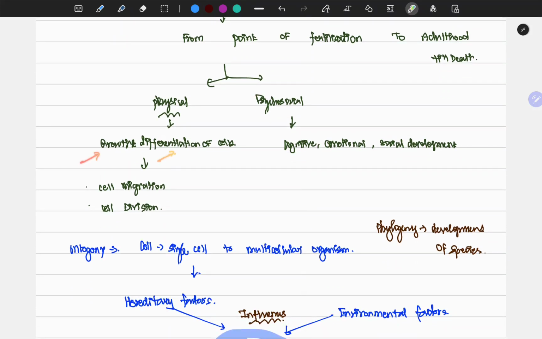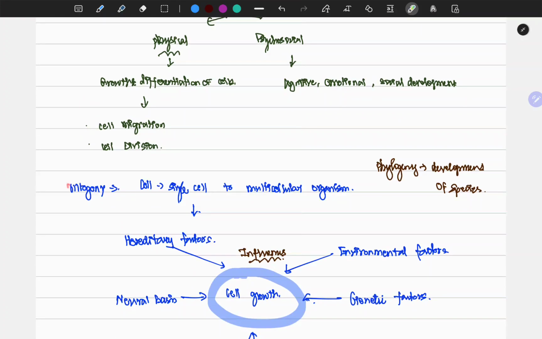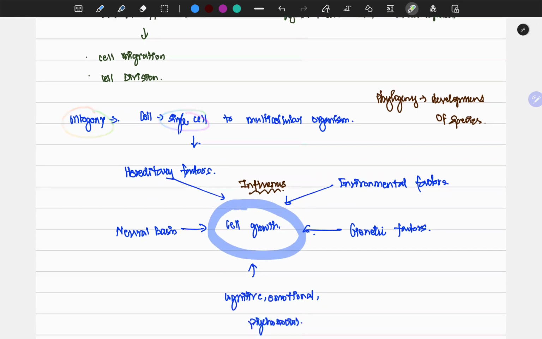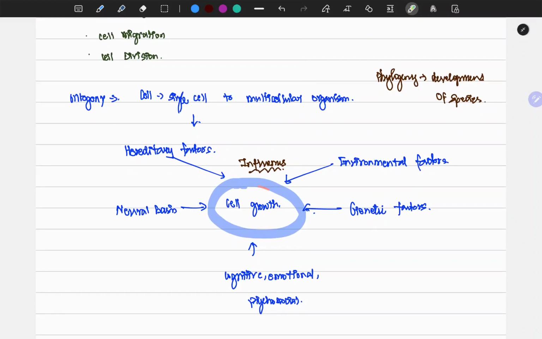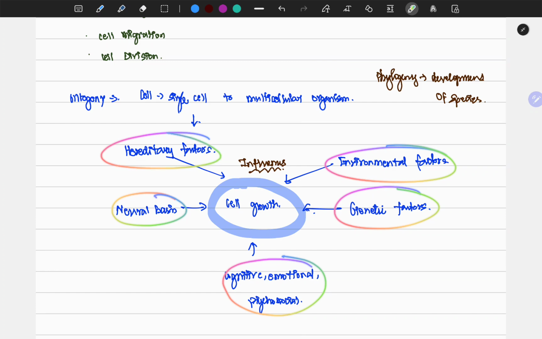Growth and differentiation, cell migration and cell division. Ontogeny: a single cell to multicellular organism. So how is it formed? How is cell growth influenced by external factors, for example, neural basis, cognition, emotional, psychosocial, genetic factor, environmental factor, hereditary factor.